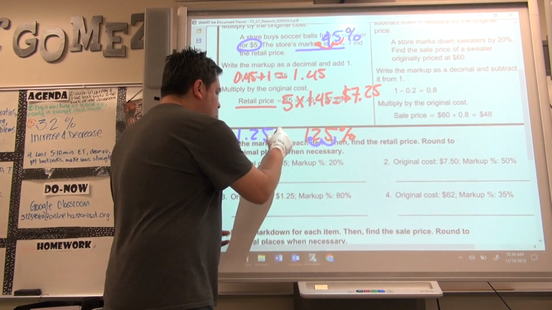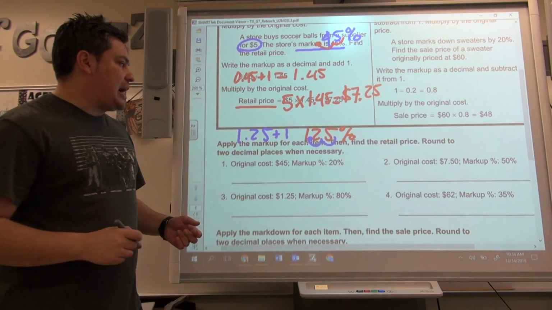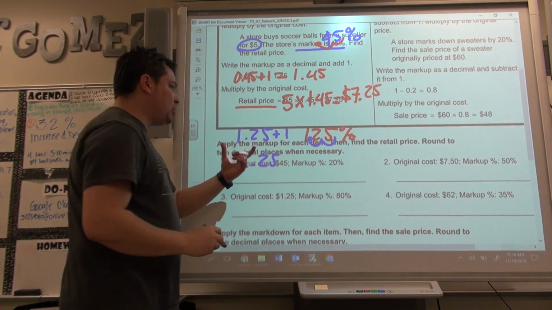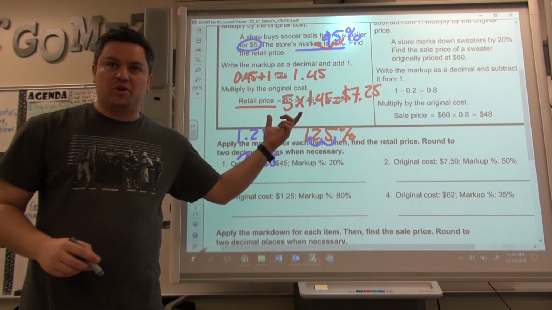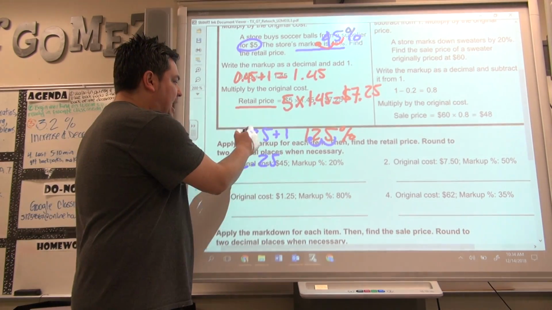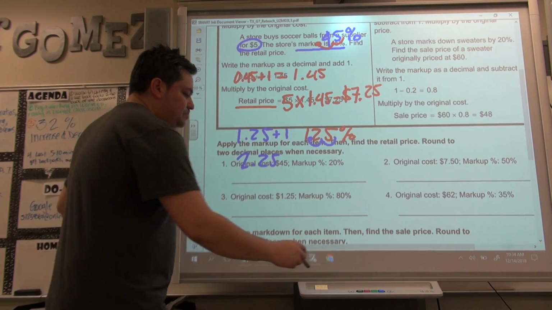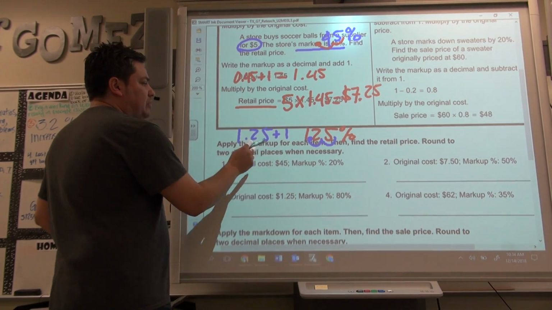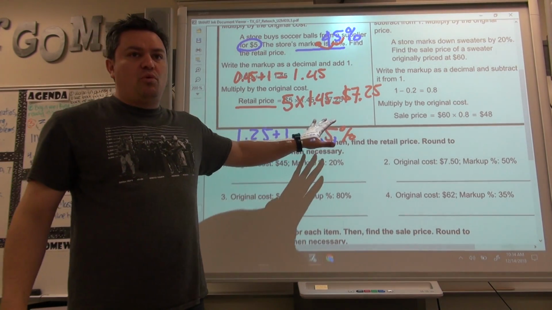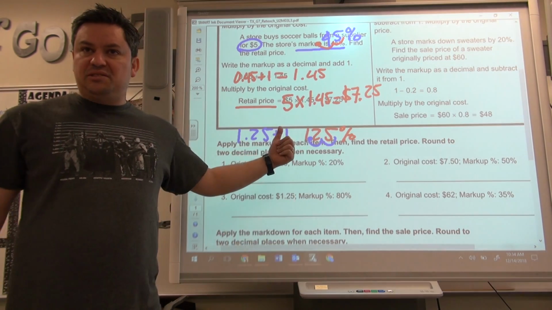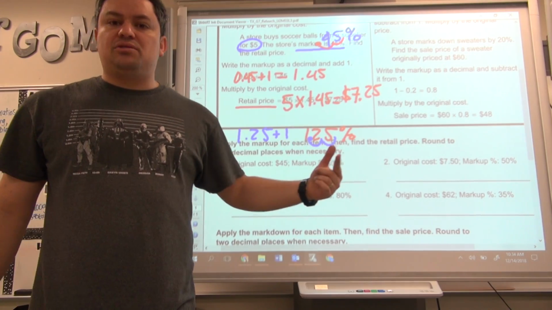Now you're gonna have 2.25, and that's what you will multiply by the original amount. Don't add 1.26. Don't make that mistake, because I've seen that a lot. If the percent is more than 100, convert that to decimal, so you just move the decimal 2 places to the left, and then add 1 to that.